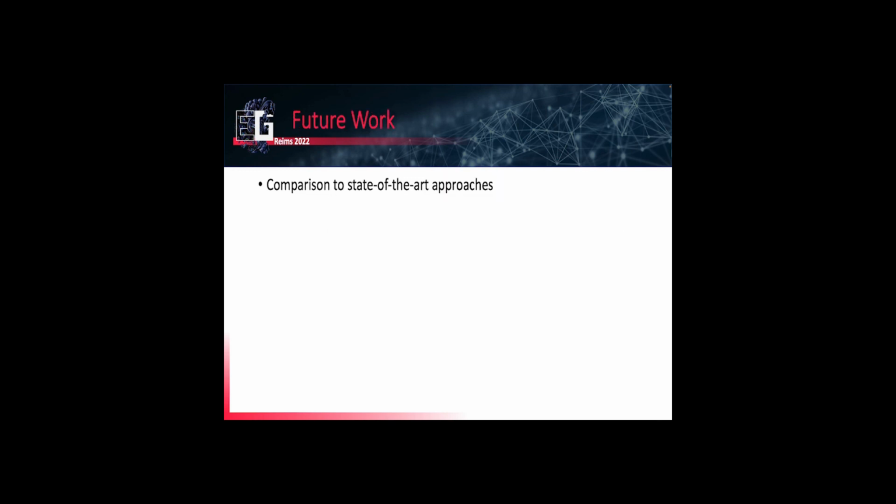And here's the future work. One future work is comparison to the state-of-the-art methods. In this study, we only compare our method with very standard approaches. So comparing our method with more sophisticated previous approaches will be interesting.